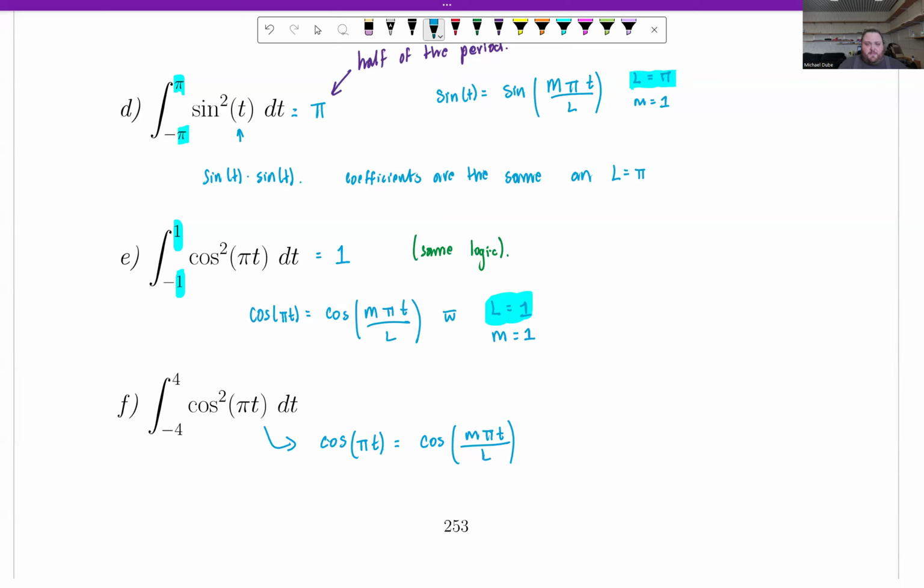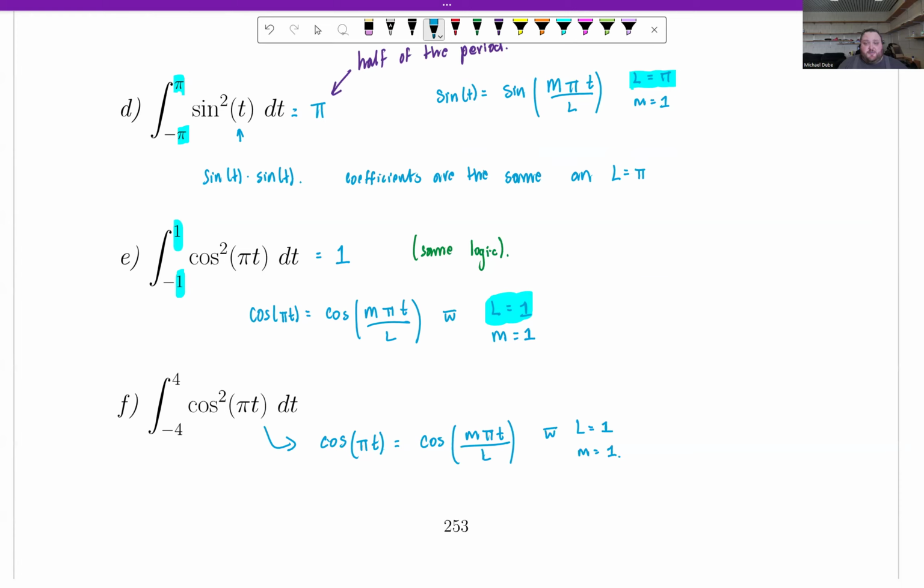So we have cos of m pi t over L, and this will be with L equals 1 and m equals 1, like before. But we see an issue here is that our bounds go from -4 to 4. They don't go from what we would expect of going from -1 to 1. Okay, so we have to think about this.